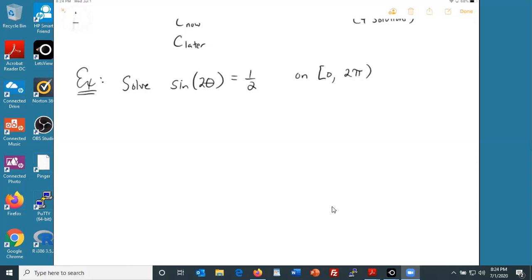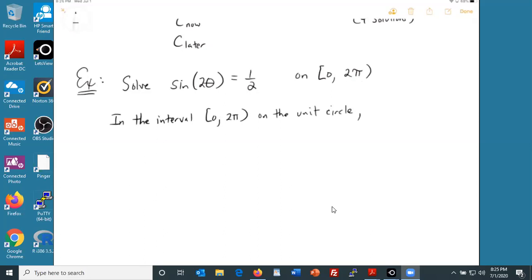So now, let's try to be a little verbal about this problem. In the interval 0 to 2 pi, we could also say on the unit circle, let's first try to figure out what angles we're going to be finding here, and then we'll figure out what to do with them.